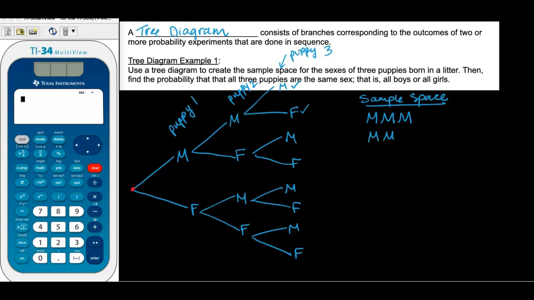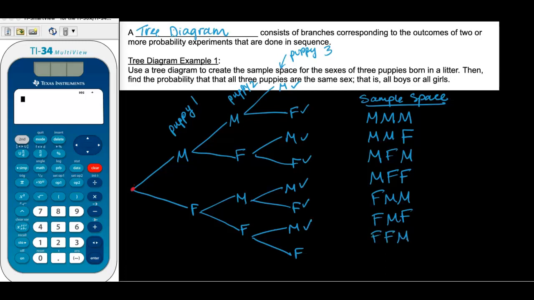So male, male, female, and then male, female, male, male, female, female, and then female, male, male, female, male, female. Oh, and I said that I check them off, but I forgot. There we go. Female, female, male. Check that one off. And then female, female, female.